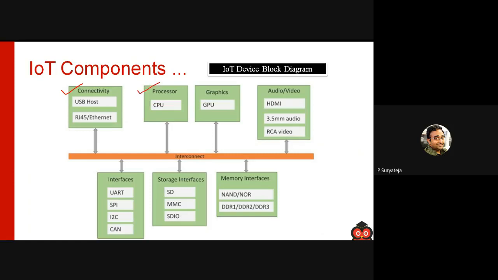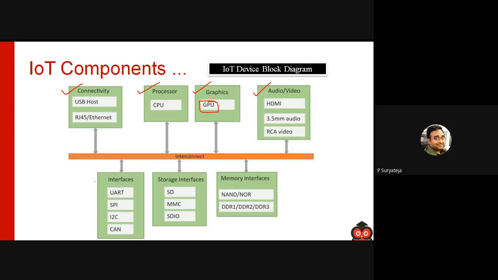You will see a CPU for performing computations. If the IoT device offers high definition video or something like that, you will have a graphics component, a graphics processing unit. And if the IoT device supports audio and video, you will find these components.